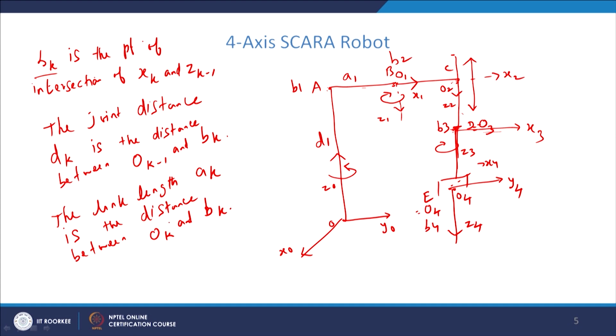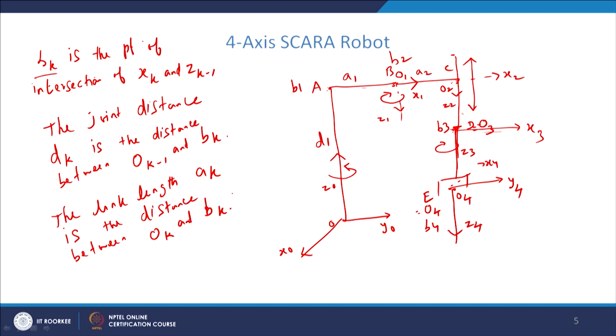Similarly, O2 is at the point C and B2 is at the point capital B. So, the distance between B and C we can call A2, and the other values are O3 and B3, they are at the same position, therefore, A3 value is 0, and O4 and B4 are at the same place. So, A4 will be 0. So, we get the 3 joint distances and link lengths A_k.